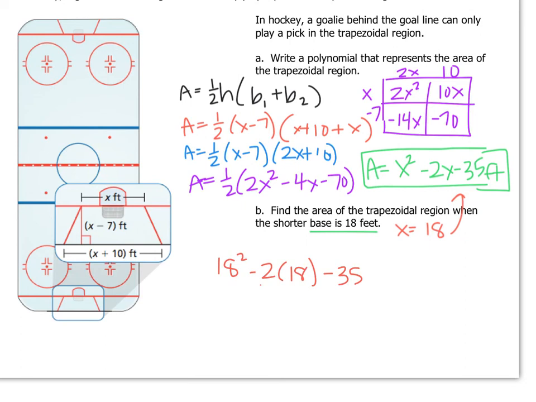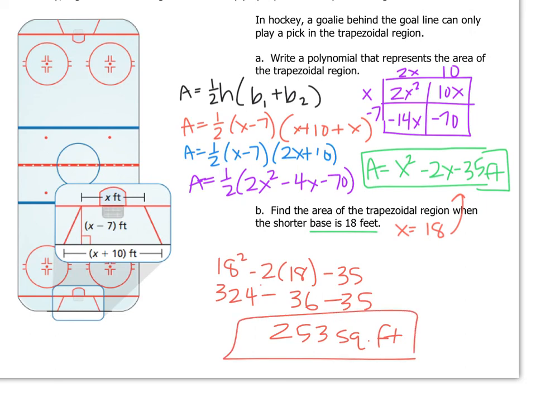So calculator's powered up. 18 squared is 324 minus 36 minus 35. And that gives me 253 square feet.